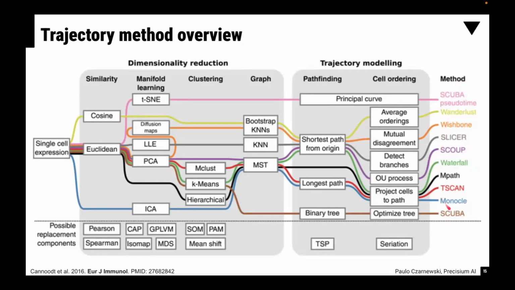Monocle is one of them, but you can see that for TSCAN, these are the decision processes they took. They used Euclidean distance, PCA, MCLUST, MST, and so on and so forth. This is a bit of an outdated version, and there is no updated version of this in the literature, but all of them follow this type of scheme for how trajectory packages are usually set up.